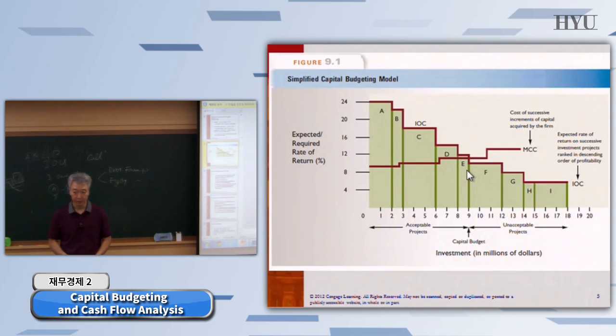In other words, that's the optimal amount of investment that this company should undertake, because the company obviously tries to maximize the return, maximize the profit. Why?